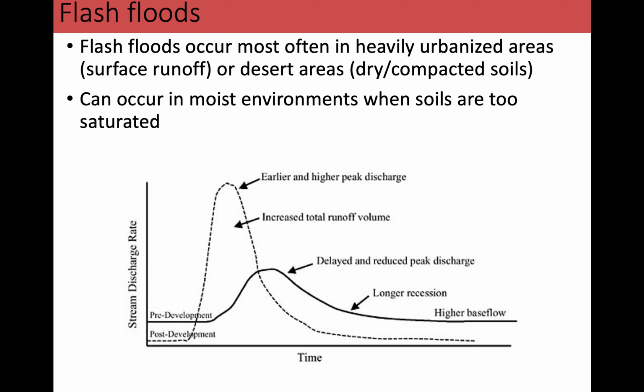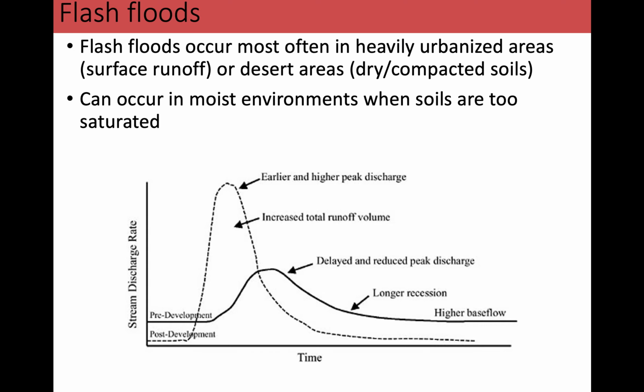So flash floods generally occur in deserts, like I said earlier, where the soil and the ground is not able to absorb any water, or in very heavily urbanized areas where the ground is covered in pavement and roads and parking lots and sidewalks and buildings, so there is not a lot of soil to absorb water.